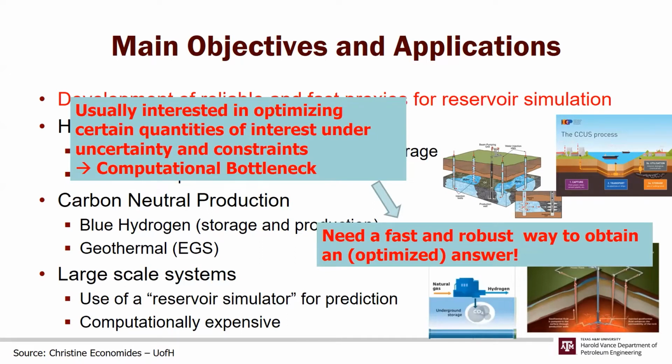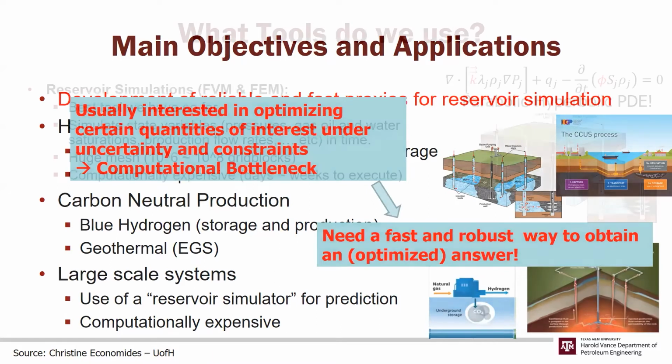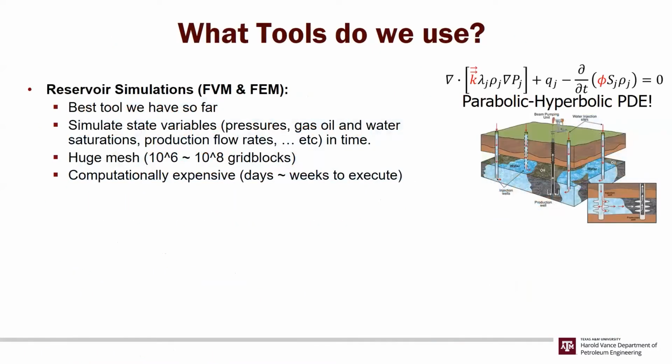My interest in scientific machine learning is actually in what we call model reduction, which tries to determine something that can eventually replace a simulator's job. All right, so what tools do we use? As I mentioned, we use reservoir simulations, which use a classical PDE discretization.